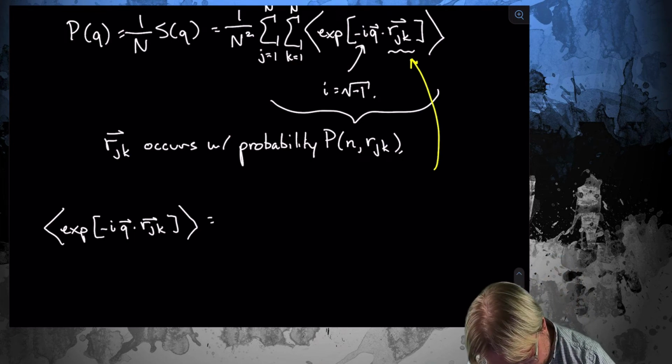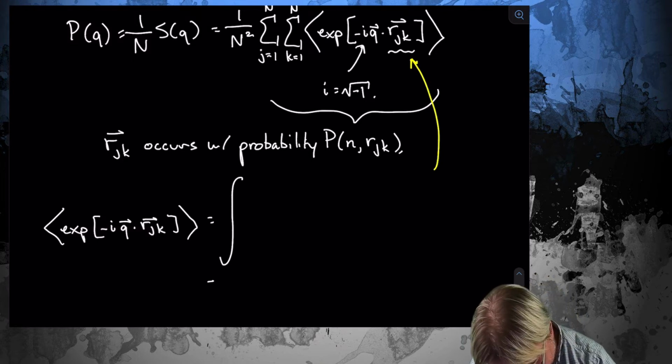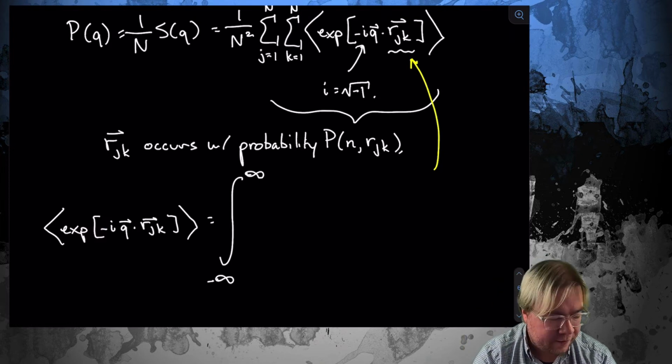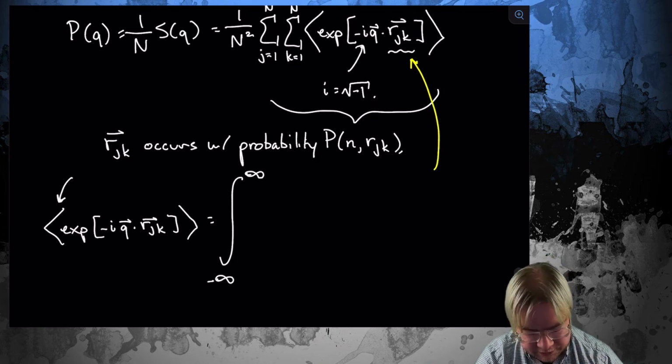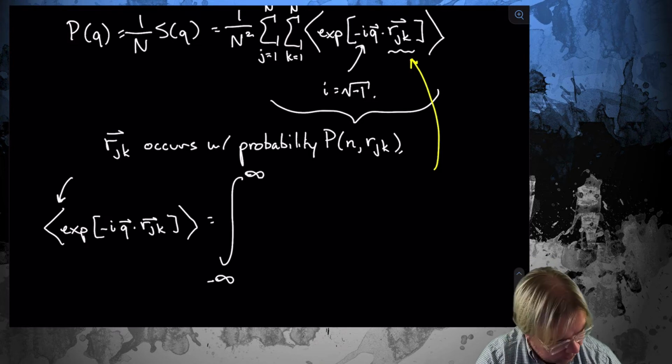That looks like the integral as r_jk goes from actually minus infinity to infinity of the function. That's what I want the average value of. If you've taken quantum mechanics, it's kind of like an expectation value. It's the average value that will show up.